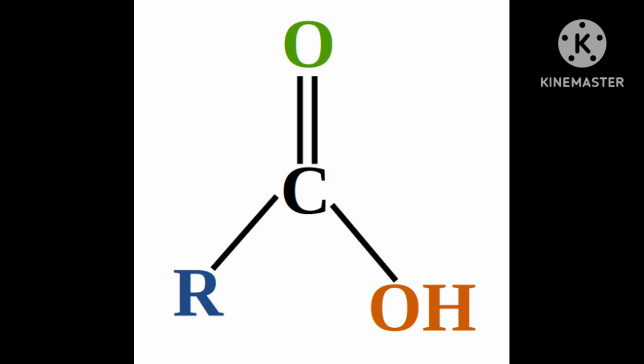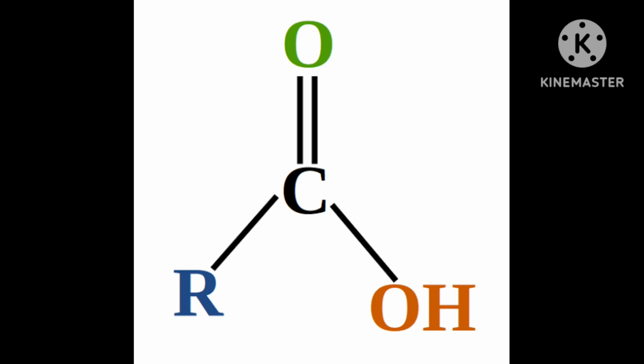In the IUPAC system, aliphatic carboxylic acids are named by replacing the ending E in the name of the corresponding alkane with oic acid.